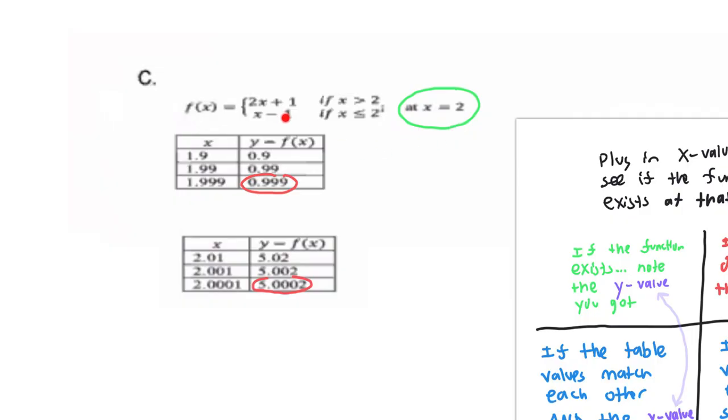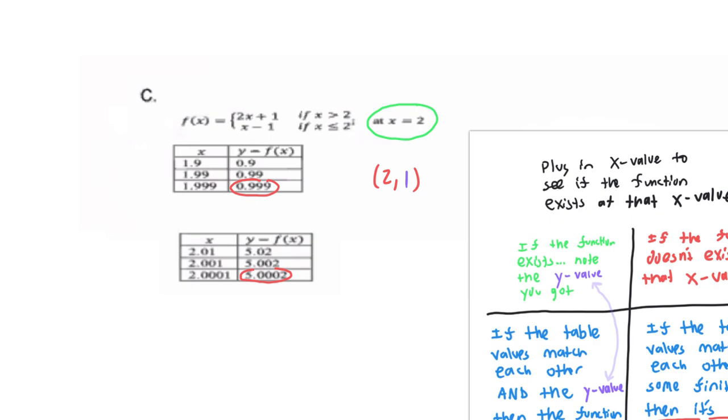We should plug it into this function because this function corresponds with x values less than or equal to 2. So when you plug 2 into this, you're going to get a y value of 2 minus 1, which is 1, right? So there's your purple y value. We just plugged 2 into this one, and we ended up getting that purple 1. So the function does indeed exist at that x value of 2, and it yields a purple y value of 1.